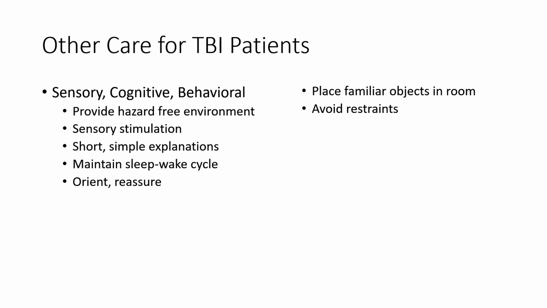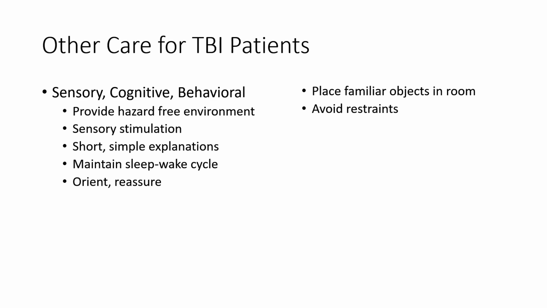We're really going to have to provide them with a lot of sensory, cognitive, and behavioral therapy. They need a safe, hazard-free environment. They need sensory stimulation. We need to speak to them in short, simple explanations. We need to help them develop a sleep-wake cycle, and we want to orient them and reassure them.